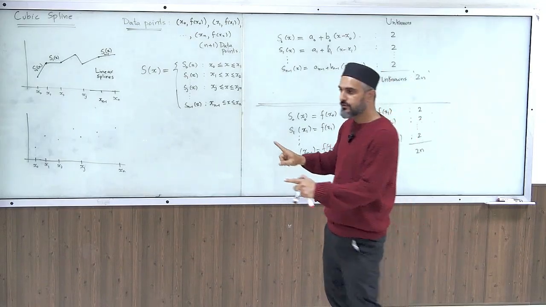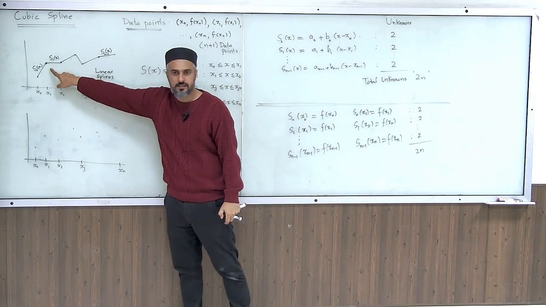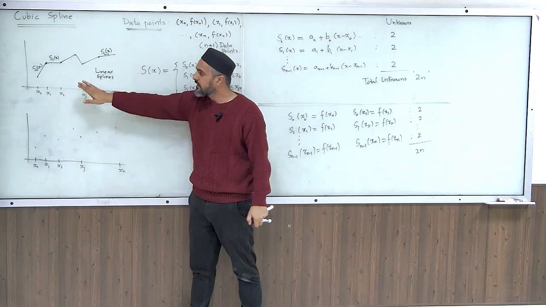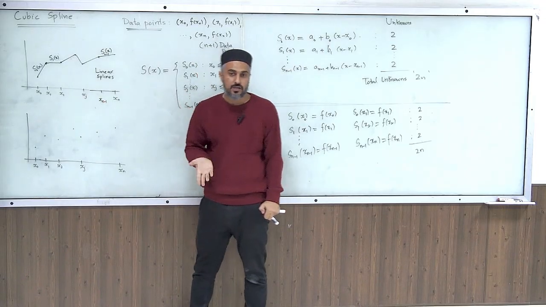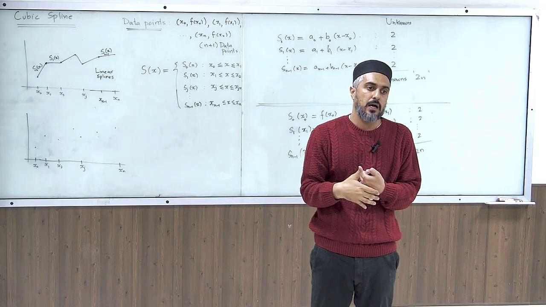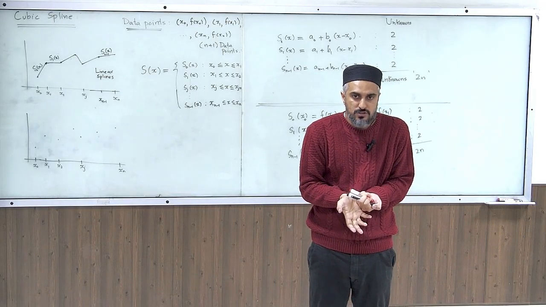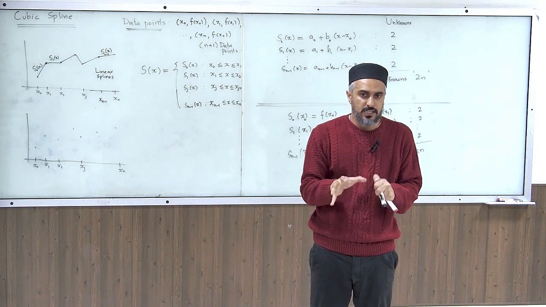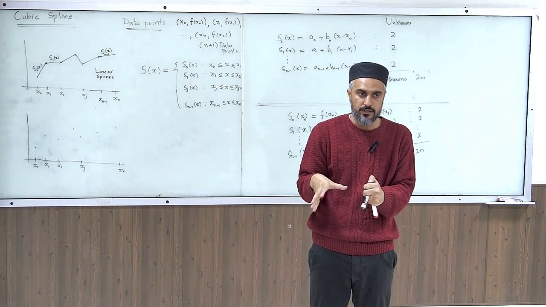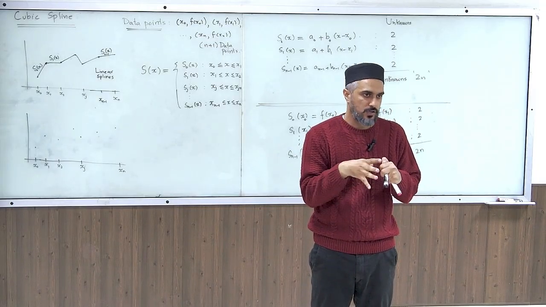The property of S of x is that it is a continuous, connected curve, but it is not differentiable. So how am I going to get numerical differentiation? That's why linear splines are not a good option if you want numerical differentiation or integration.